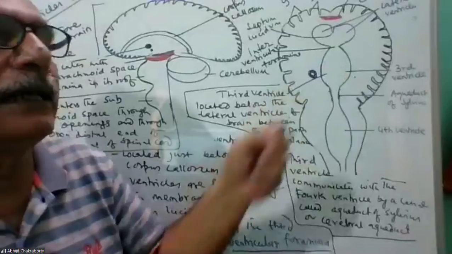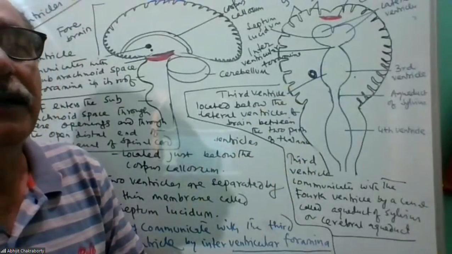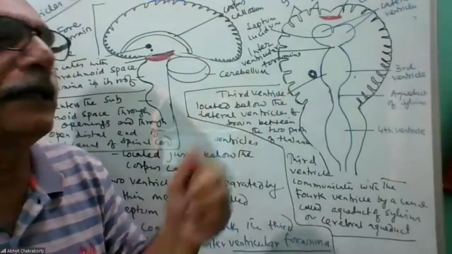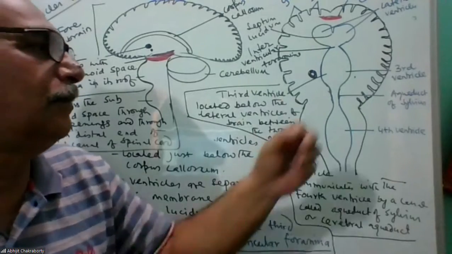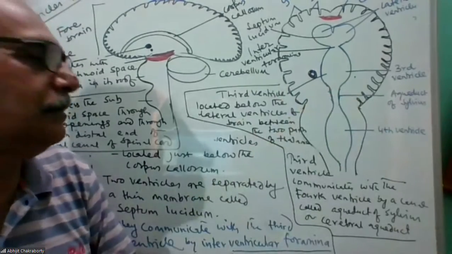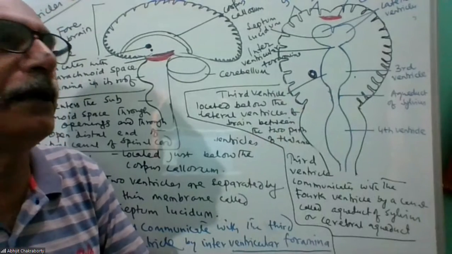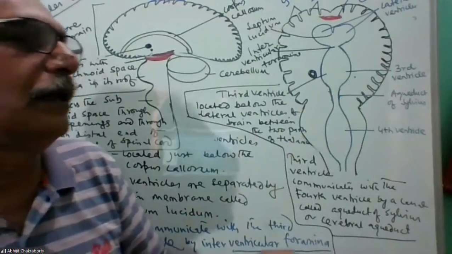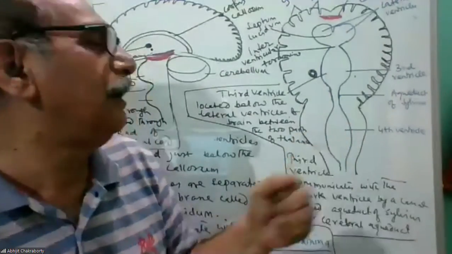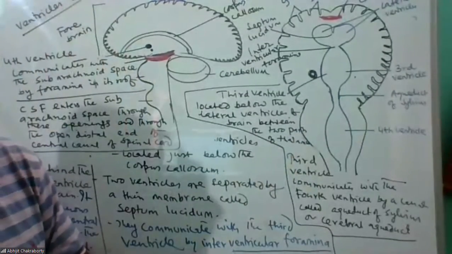Third ventricle is the next brain ventricle, on both sides of which you will get the thalamus. Third ventricle communicates with the fourth ventricle with the help of aqueduct of Sylvius, or sometimes it is called cerebral aqueduct.